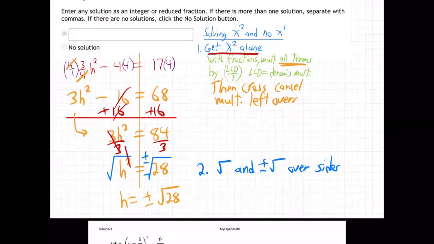I'm going to fiddle with it for a minute and see which ways they'll take it. Yeah, they'll take it just like that. So you could type in square root of 28 and, with a comma in between, negative square root of 28. They'll take it just like that.